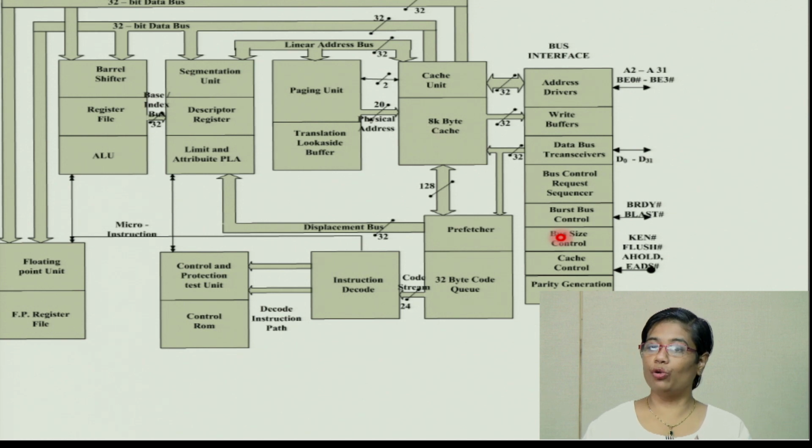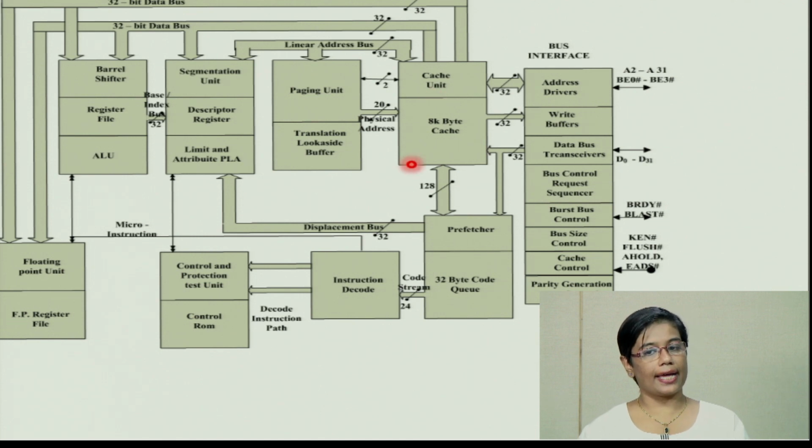Now there are a few more units which are present in 80486 that were not there in 80386. One of course which we have discussed is the internal caching. There is internally 8 kilobytes of cache available within 80486. Now this again was new from the 486 processor onwards.